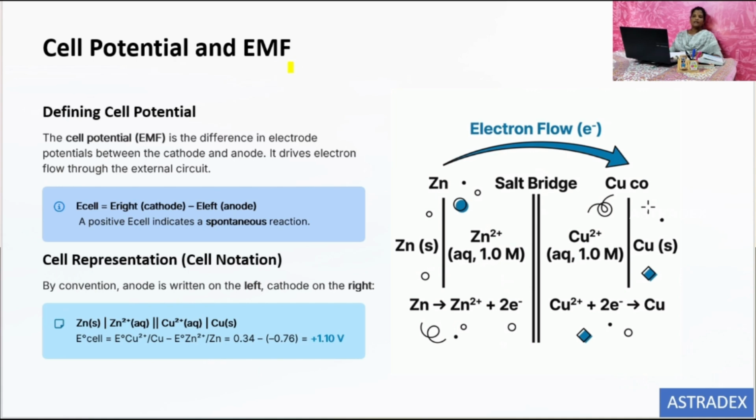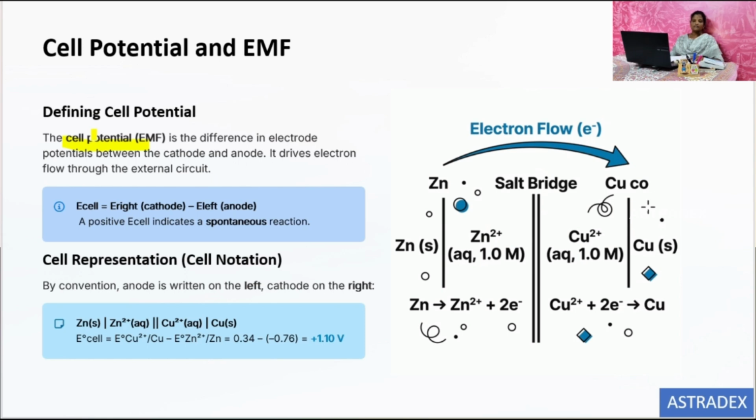What is cell potential and EMF? Defining cell potential is again a very important term which is asked in the board exam. The cell potential, that is EMF, electromotive force, is the difference in electrode potential between the cathode and the anode. It drives the electron flow through the external circuit.